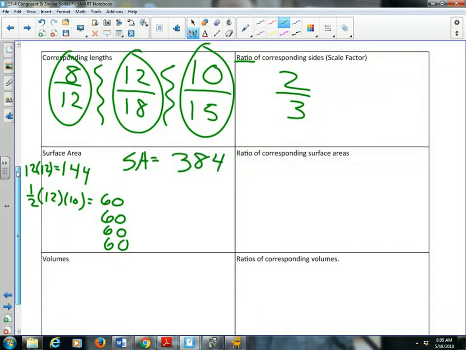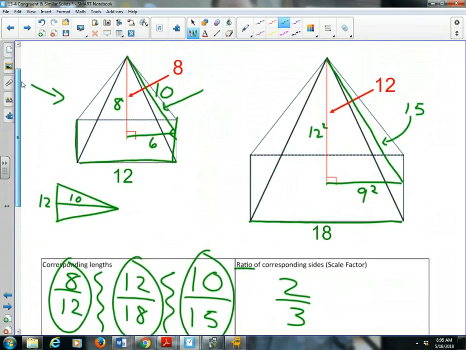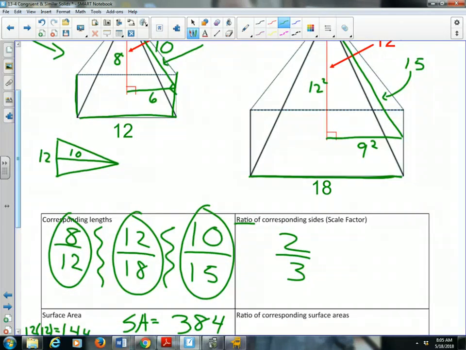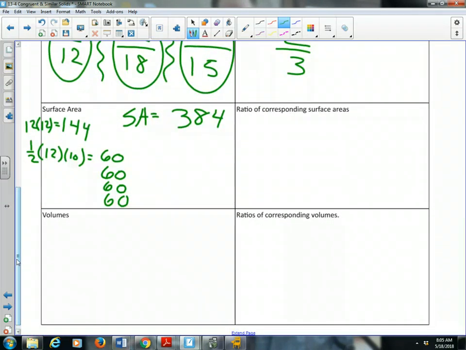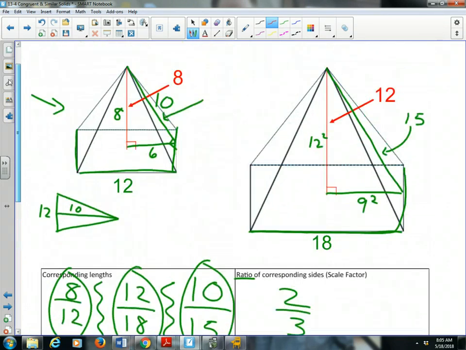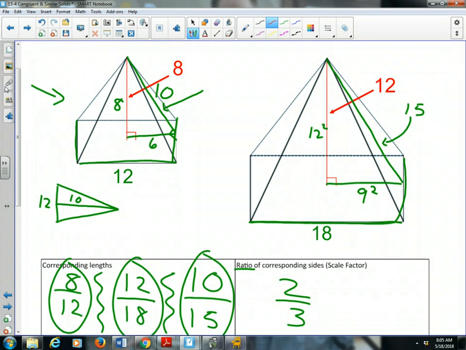Let's do the same thing for the bigger pyramid. The bigger pyramid has an 18 by 18 base. 18 times 18 is 324. Then for the triangles, the base is 18 and the slant height is 15.